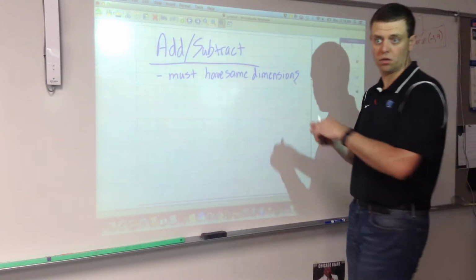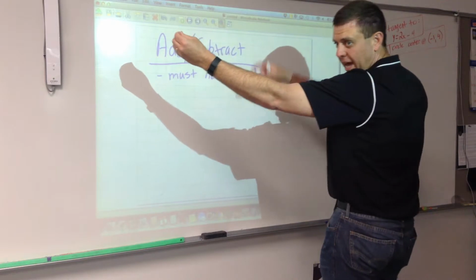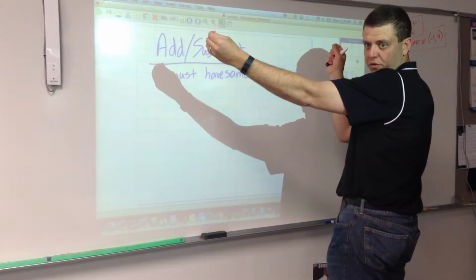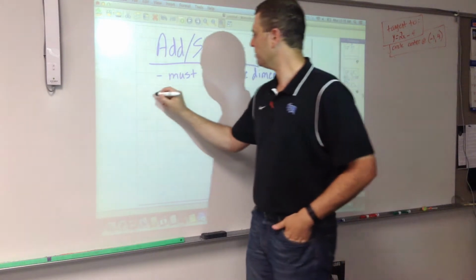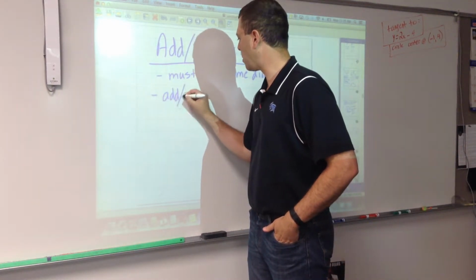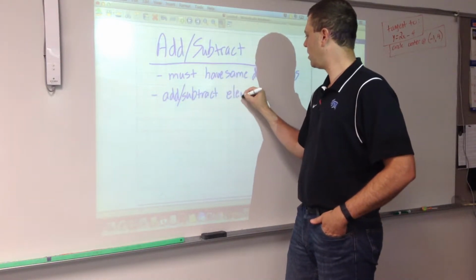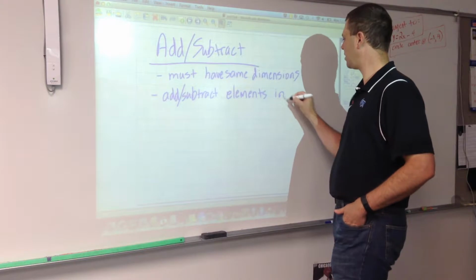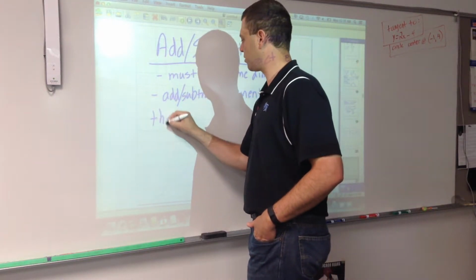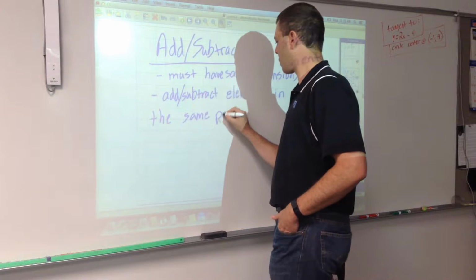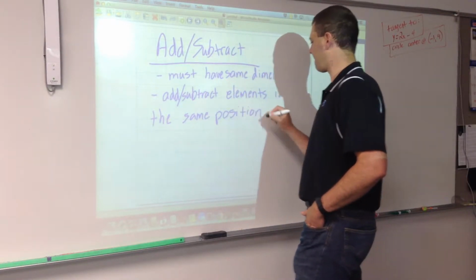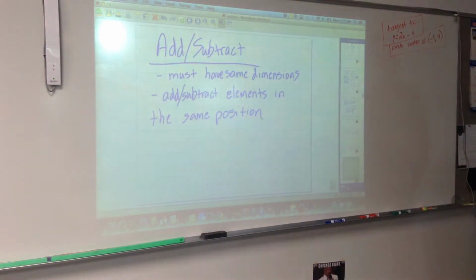So you take whatever number's in the first row, first column, and add it to the other element that's in the first row, first column, or subtract whatever it is. So you just add or subtract the elements in the same position. You might need to see an example with that, or feel like you understand what we're doing there.